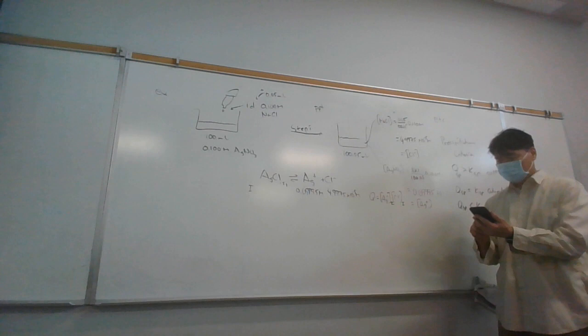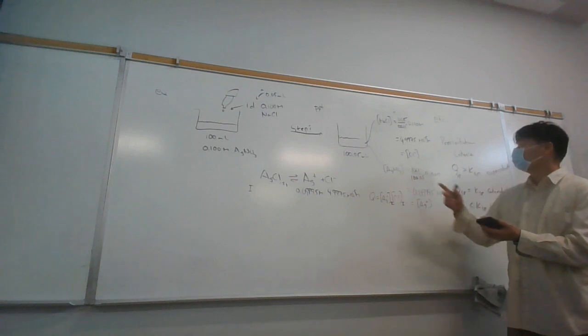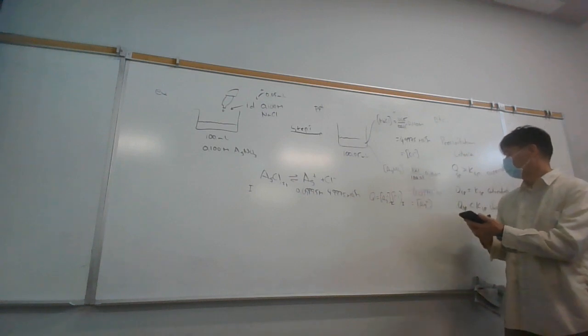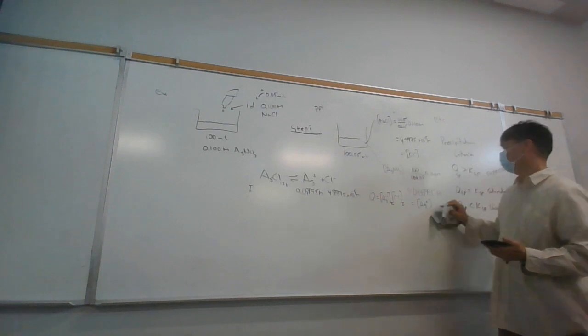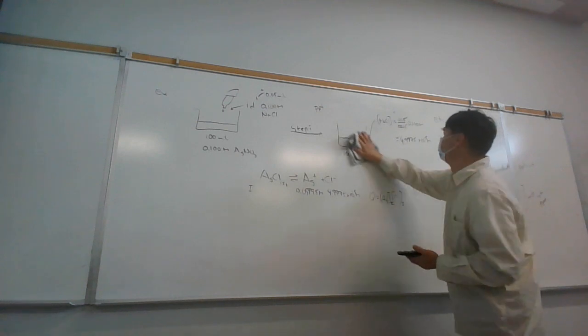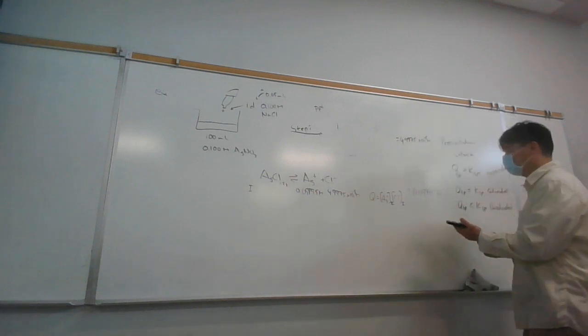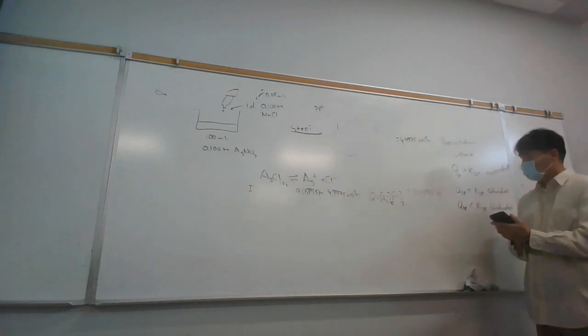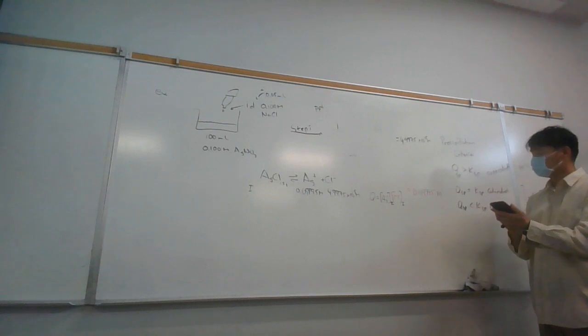And so I'll take my silver ion concentration initial, which is 0.09995, times 4.9975 times 10 to the minus 5.